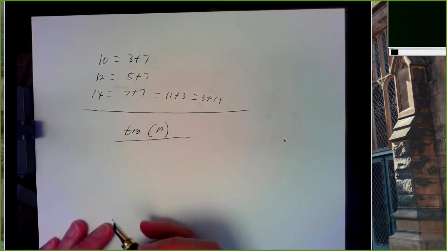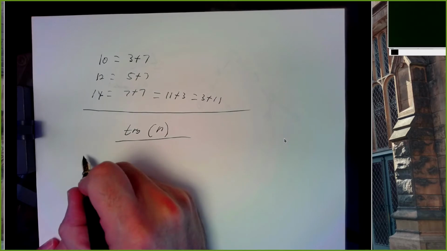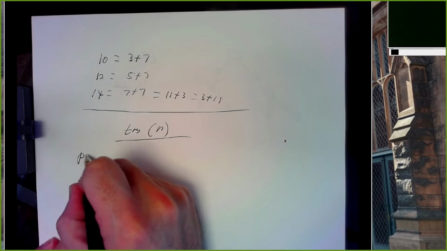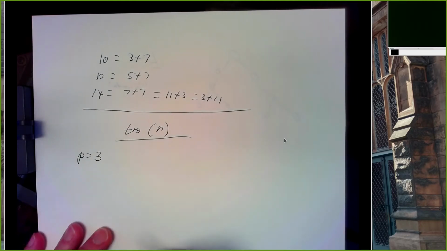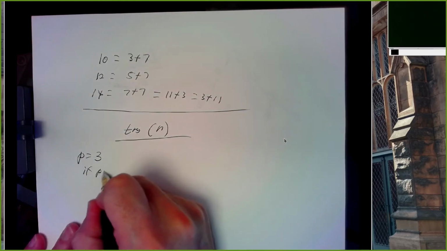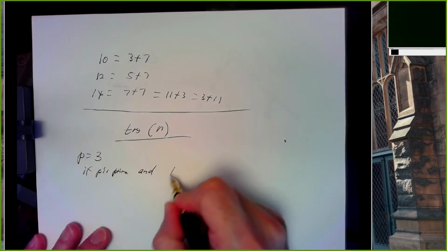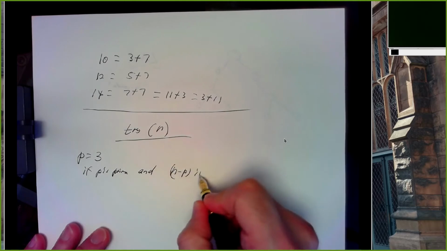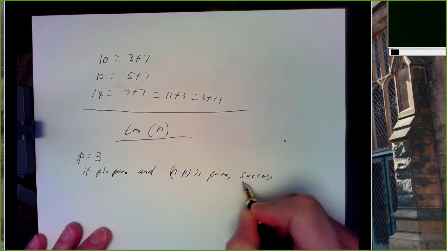So let's say we want to try to write n as a sum of 2 primes. Here's what you do. Start with some variable p equal to 3. If p is prime and n minus p is prime, then you're done.